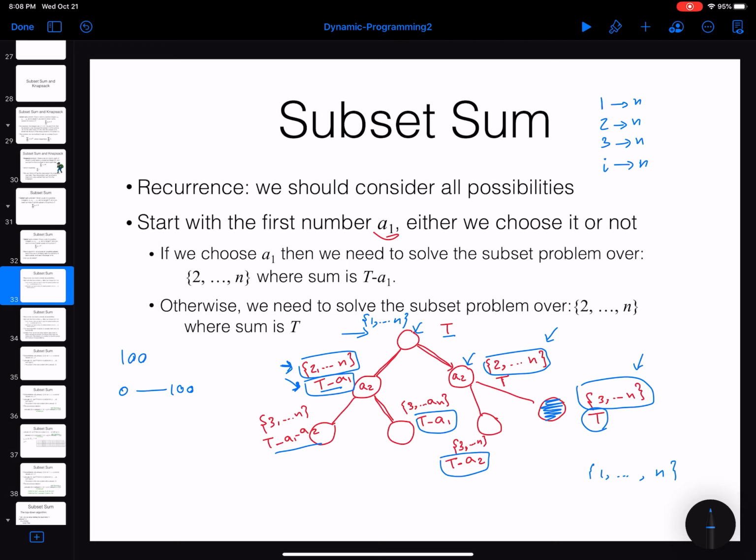There is a chance that a1, for example, can be 15, can be 50, can be 80, right? So the second parameter in your subproblems can be any number from 0 to t, whatever the value of t is. In this way, I find some structure.